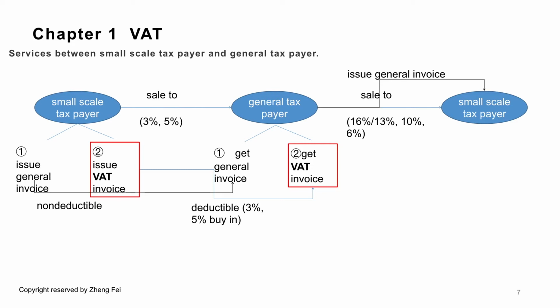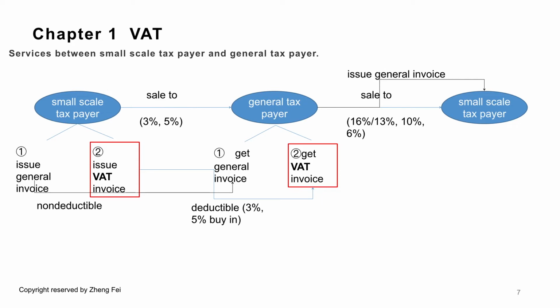So let's take a look at this example. A small-scale taxpayer sells to a general taxpayer some services.